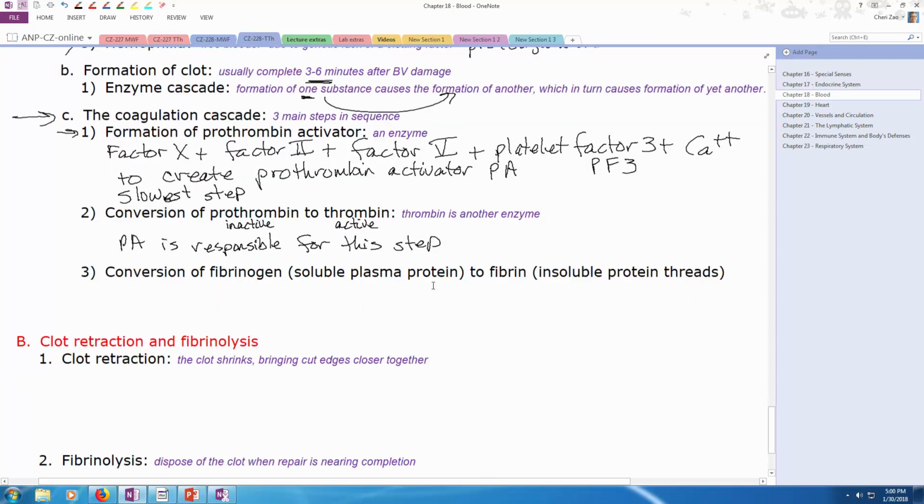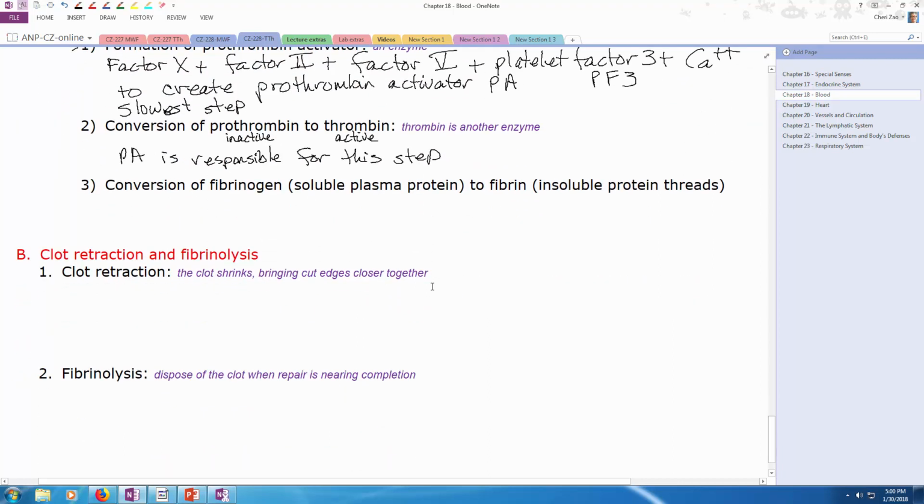Now we have thrombin, which again sounds like thrombus, and it's responsible for converting the inactive form, fibrinogen, into the active or insoluble form called fibrin.